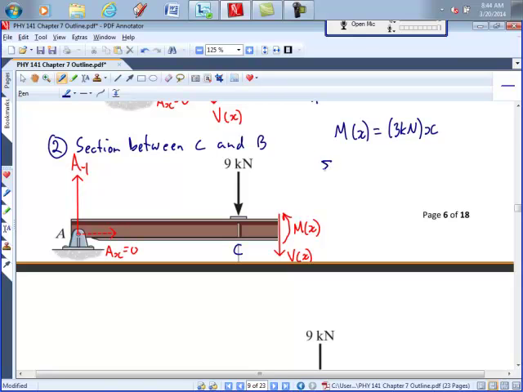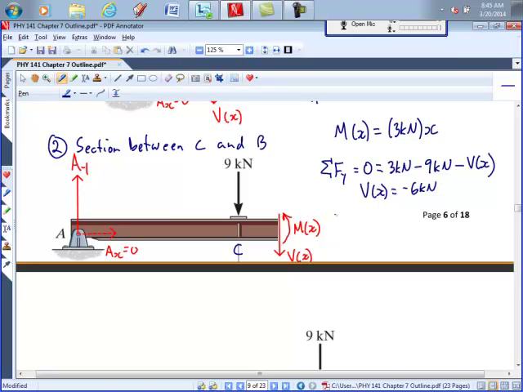So to find the shear force, we're going to look at the sum of the forces in the y direction equals 0. So I've got AY, which is up, so that's the 3 kilonewtons. I've got the 9 kilonewtons that's down. And I've got VX, which is down. What is my shear force as a function of x? Negative 6 kilonewtons. So it's a constant valued function again.